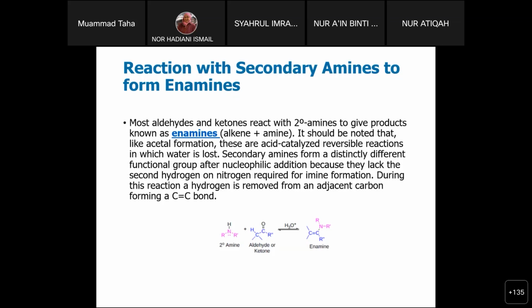The problem with the secondary amine is that it has only one hydrogen. It cannot form a carbon nitrogen double bond because one bond of the nitrogen is attached to the carbon chain. We will see this first in the mechanism, when it will become clear. Okay, go to the next slide.